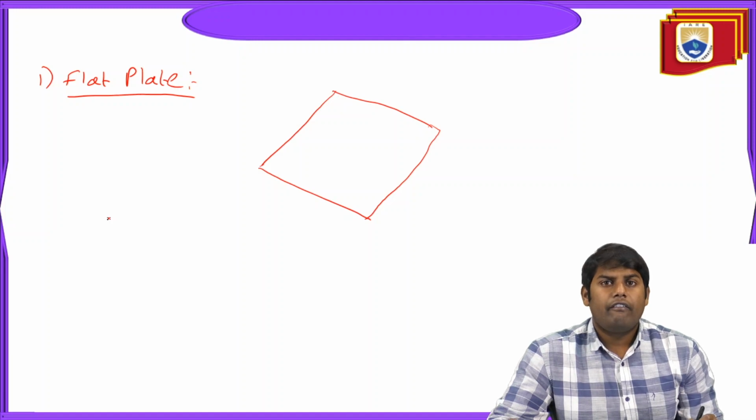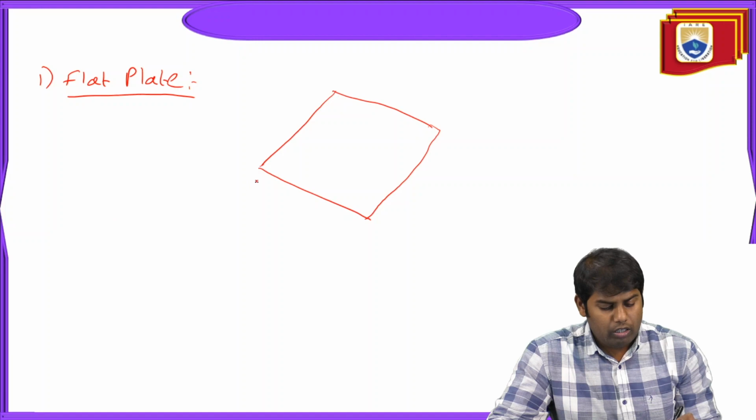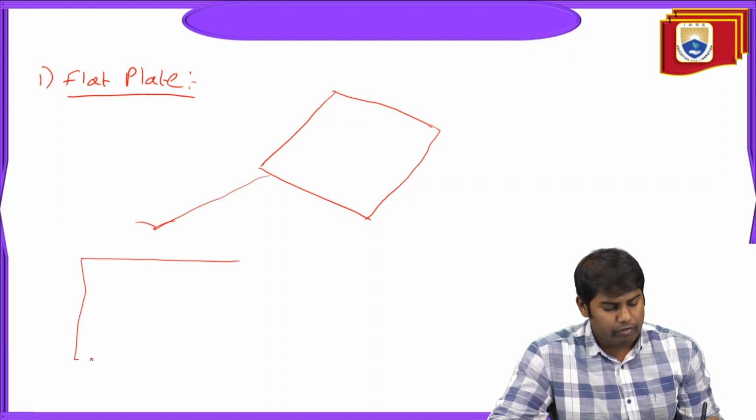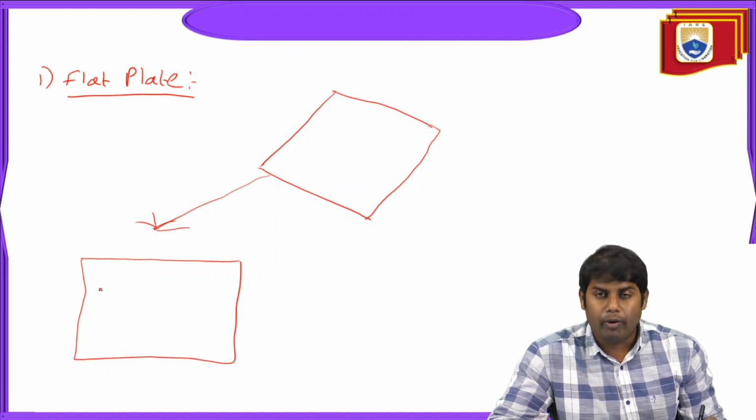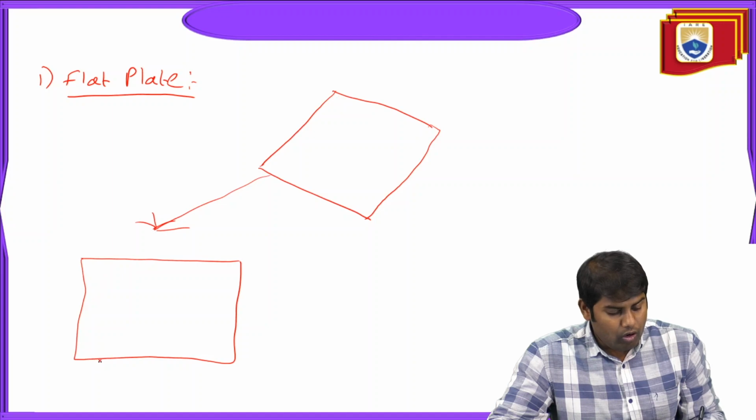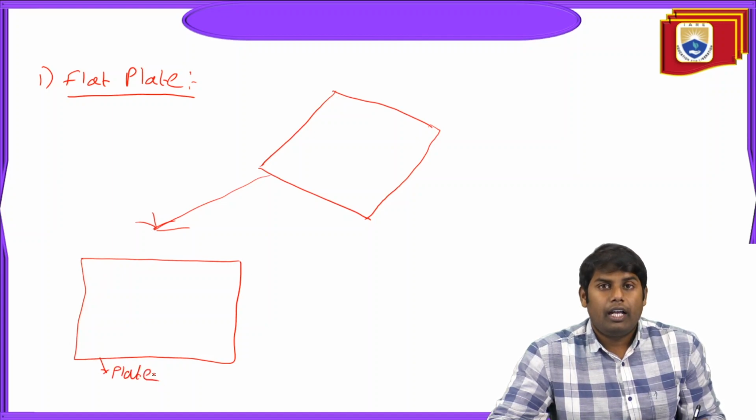When we want to simulate the setup numerically, we set up a domain, which we have already discussed. We will set up a domain where we call this the plate, and we will simulate this using boundary conditions.